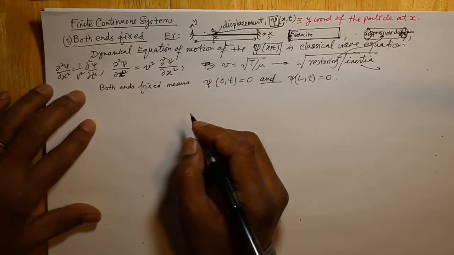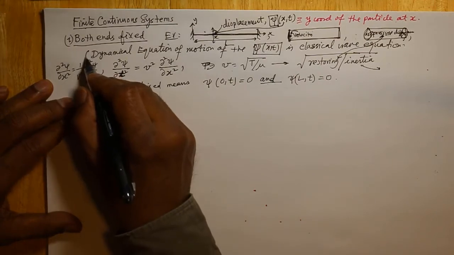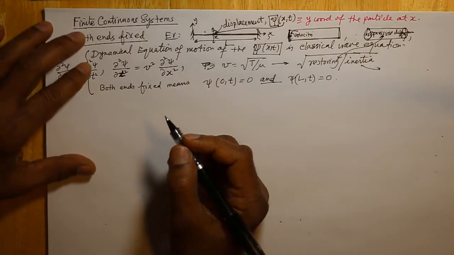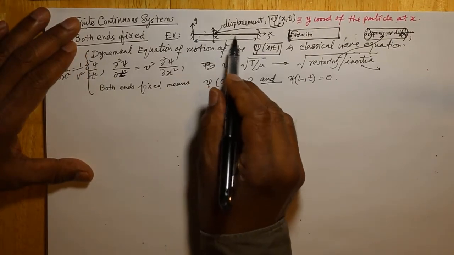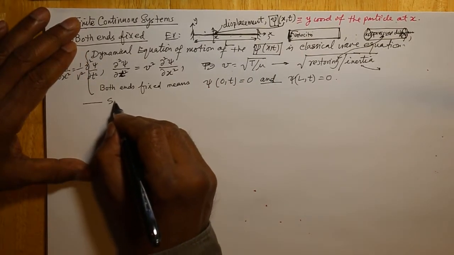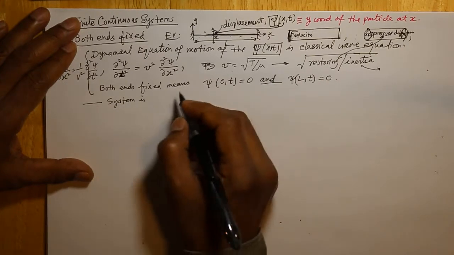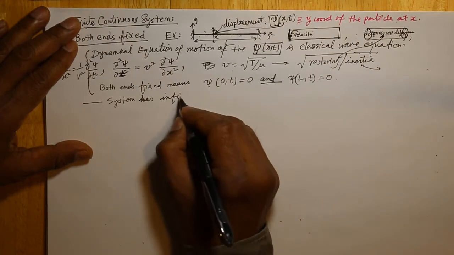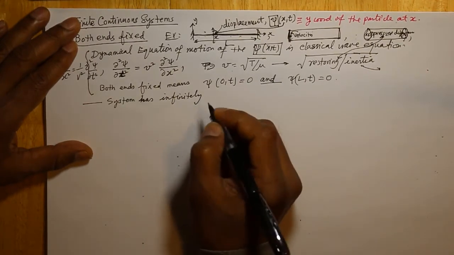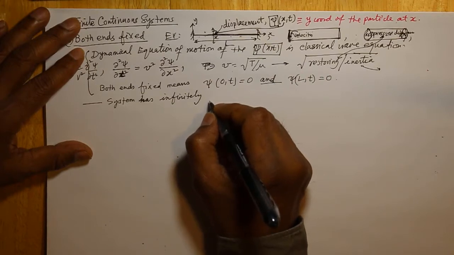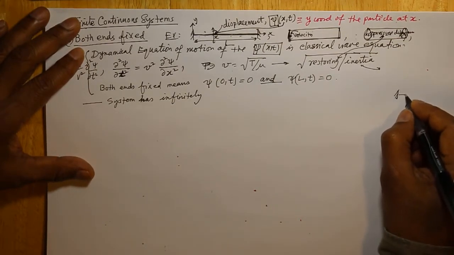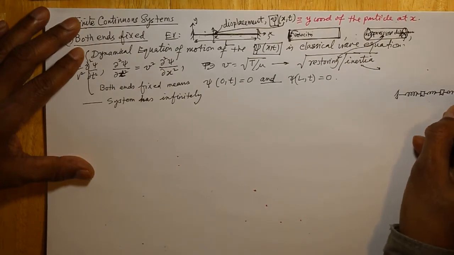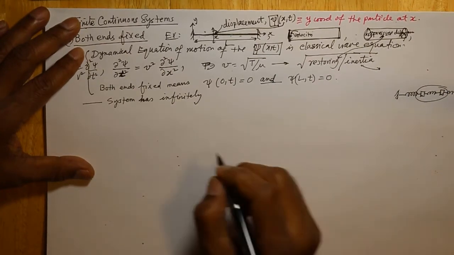If you look at coupled versus uncoupled, this system has infinitely many, not just two. In the earlier system you had two, you had these two guys coupled.